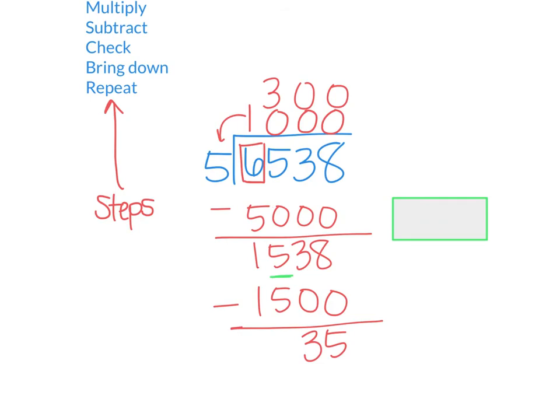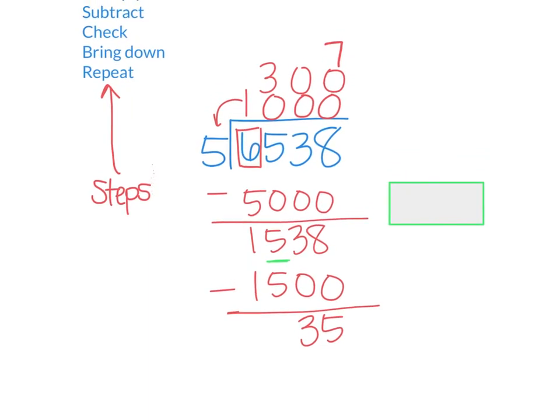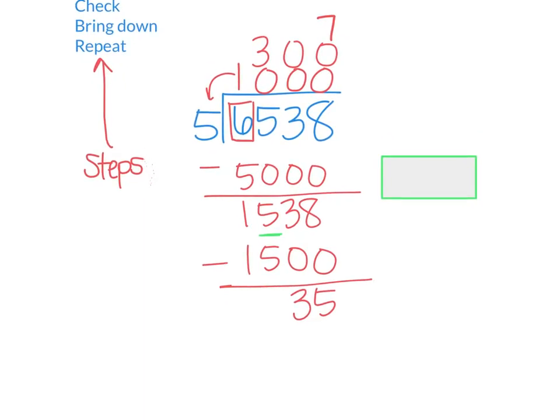So my 7 is going to again stack up here on top. Sorry, this is not 35, this is 38. I'm going to multiply my 7 times my 5, and I get 35, and I get a remainder of 3.